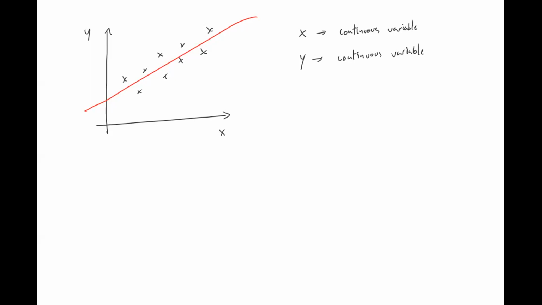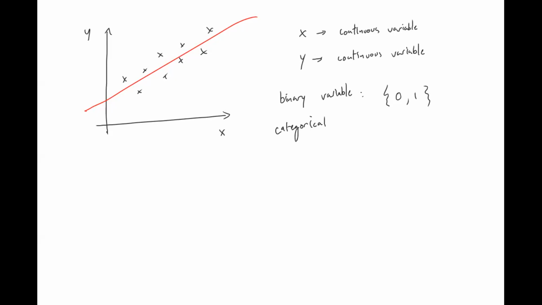There are other types of variables. You can have a binary variable, in which case our values can take 0 or 1. And we can have categorical.